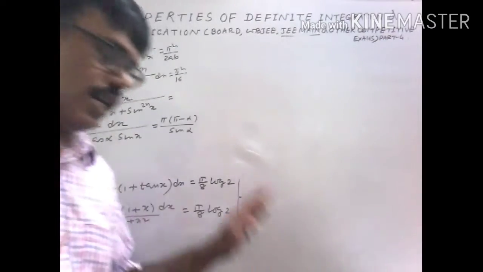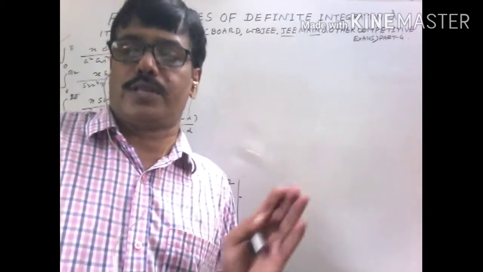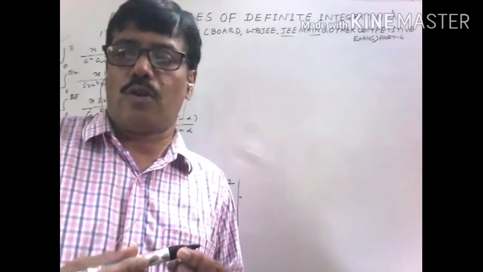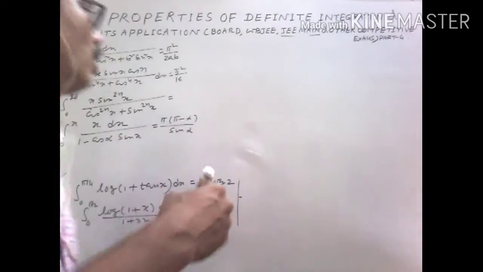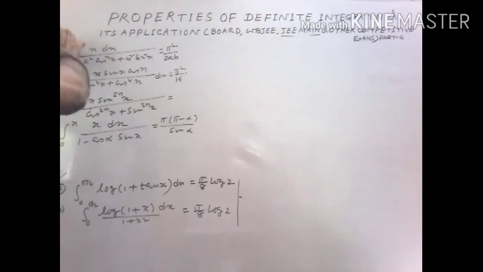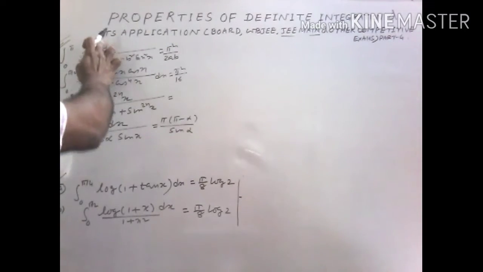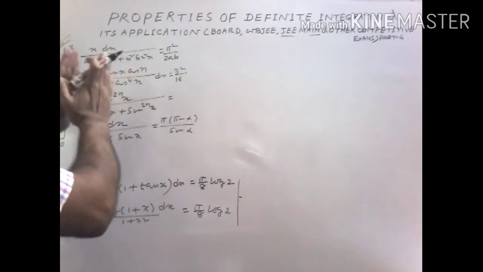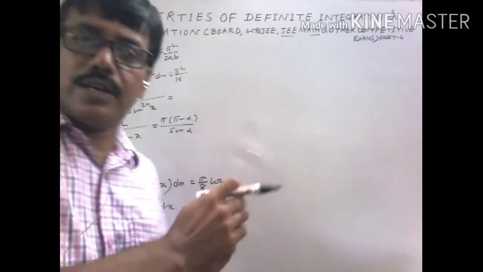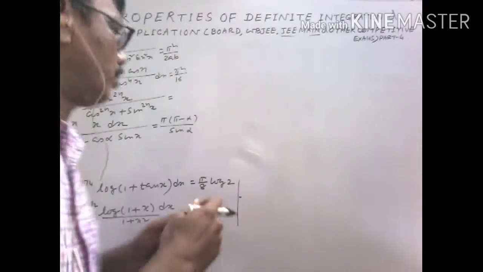So we are using in all cases integral 0 to a f(x) dx equals integral 0 to a f(a minus x) dx. We have already discussed it in a previous video, so leave it. This is a general result, and using it by putting particular values of a square and b square, you can form many problems. I have already discussed it in shortcut trick third.